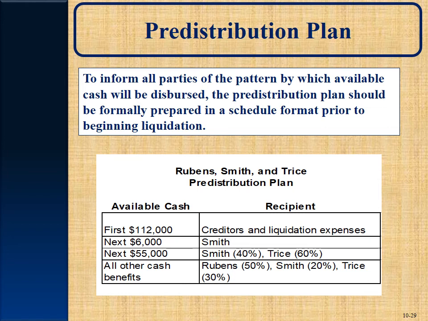We hit all the major areas as far as liquidating the partnership or termination of the partnership, whereby we liquidate all the assets, pay the liabilities, and pay off the capitals. If there's a partner that's insolvent, how we handle that. And if it's going to take a while, which is normal, how to create a pre-distribution plan so the partners know exactly what they're eligible to get as liquidation occurs.